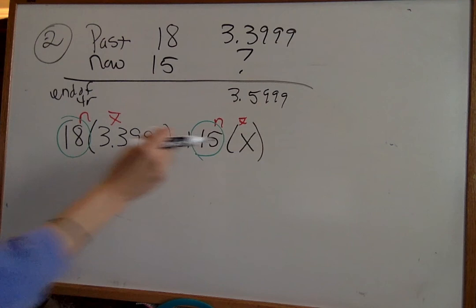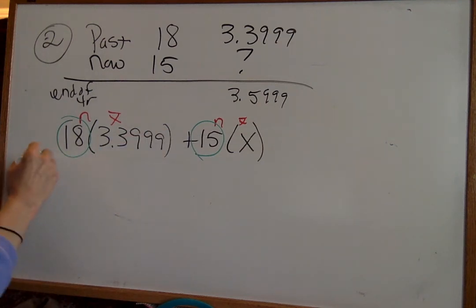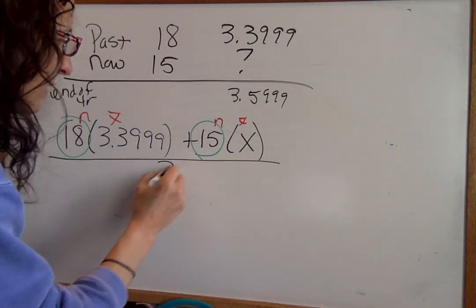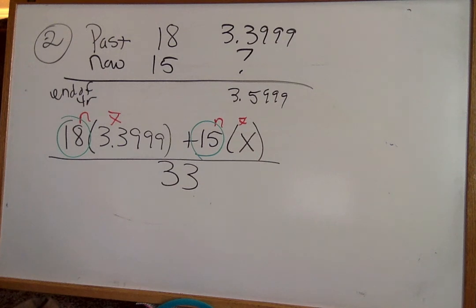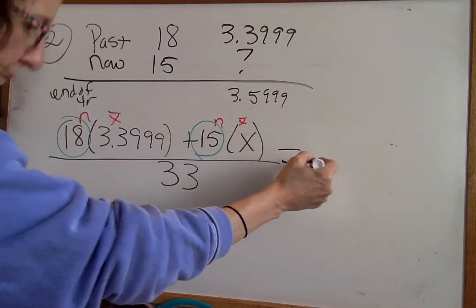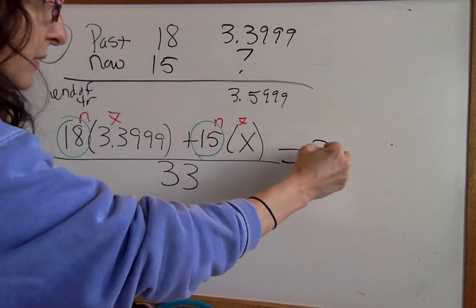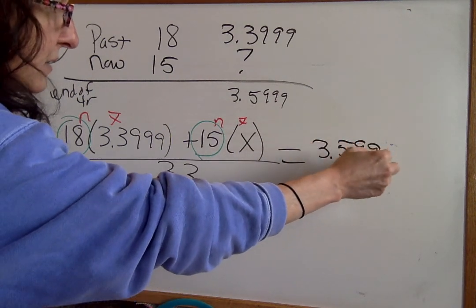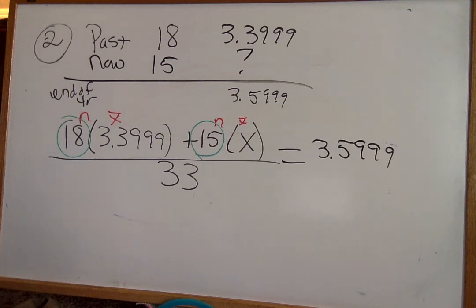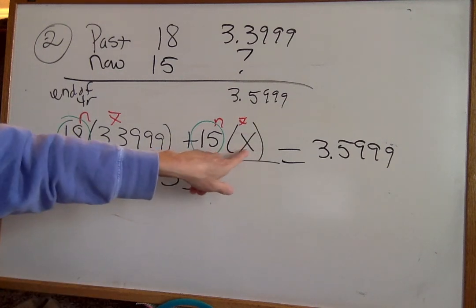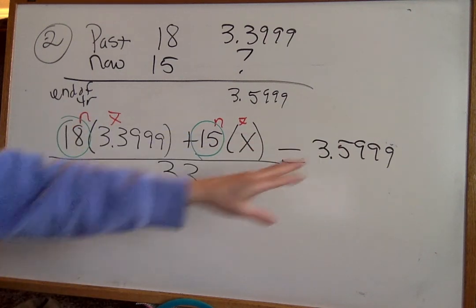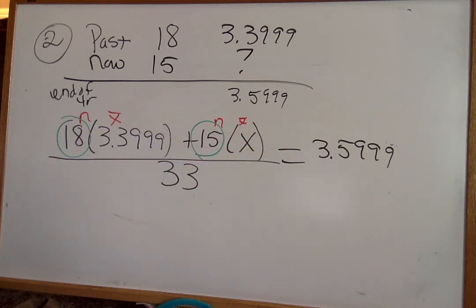How many credits has she actually even earned? 33. So we would divide that by 33. And what do they want her to have? They want her to have the new GPA, 3.5999. So this is just putting the unknown over here instead of over here like we had with the boy problems we had just done.